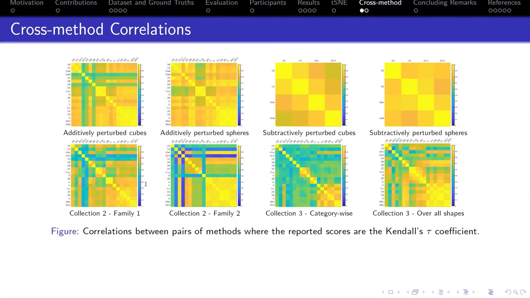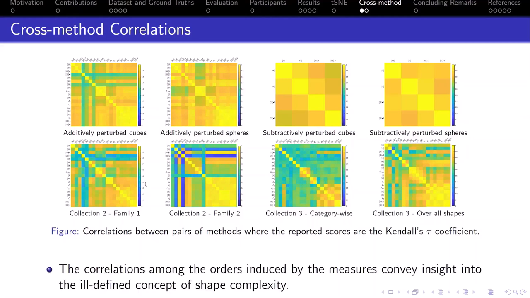When we consider this, of these 8 categories, we can clearly see from these heat maps that each category accounts for something else, reveals something else about the methods, and the correlation among the orders induced by the measures conveys insight into the ill-defined concept of shape complexity, in the sense that 2 measures may, for example here, correlate well with each other, but not so well on another family of shapes.